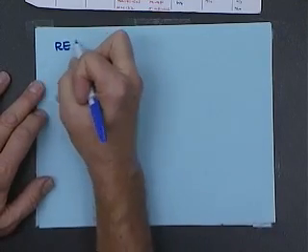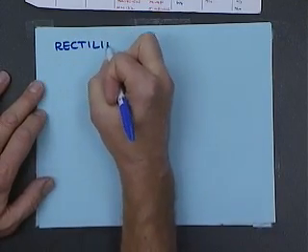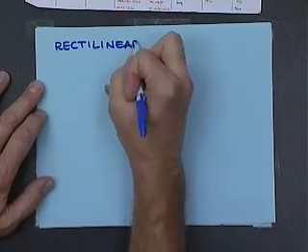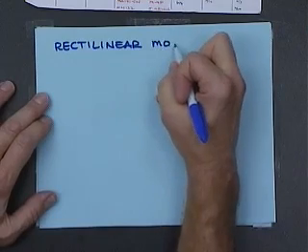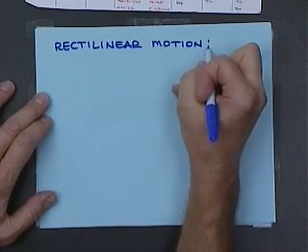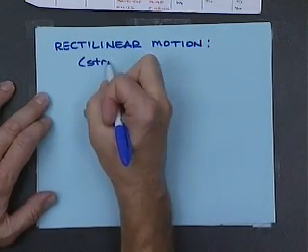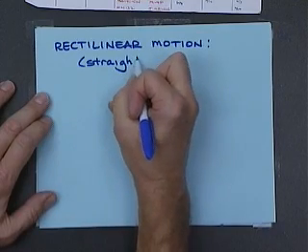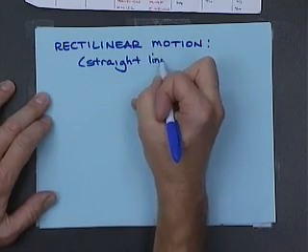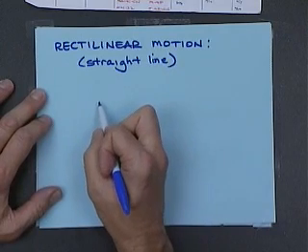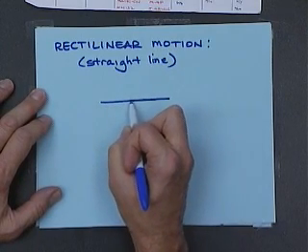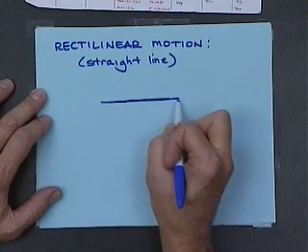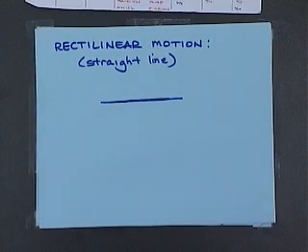There are some problems that discuss rectilinear motion. It means that something is moving in a straight line. So it moves this direction for a while, and then it comes back, and it moves in a straight line, and it comes back. There's a problem with this, is that you can't really see when it stopped and changed direction.